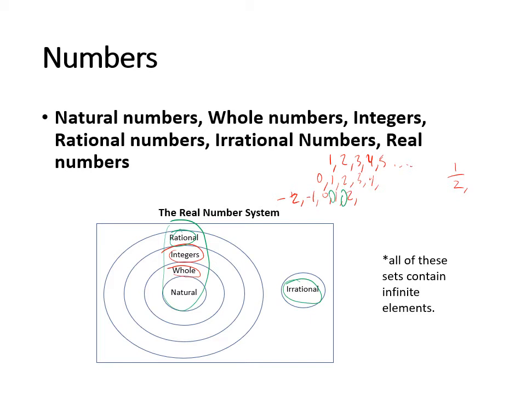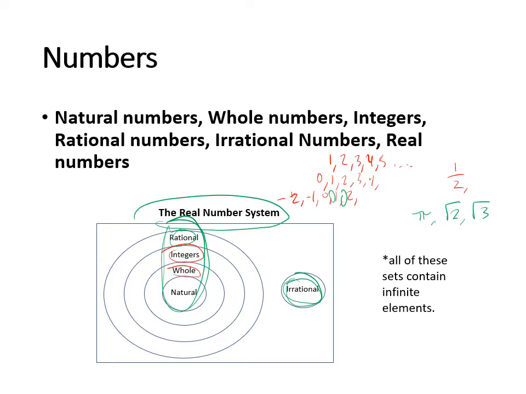An irrational number might be pi, or the square root of 2, or the square root of 3. Those are numbers that we cannot express in another way. And so the rational numbers and the irrational numbers combined make up the real numbers.